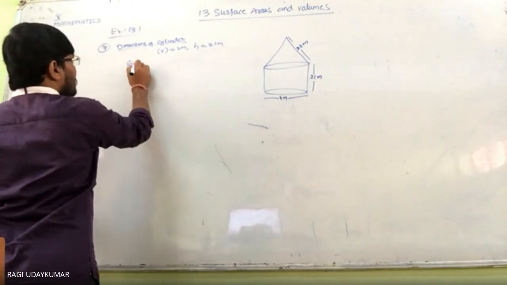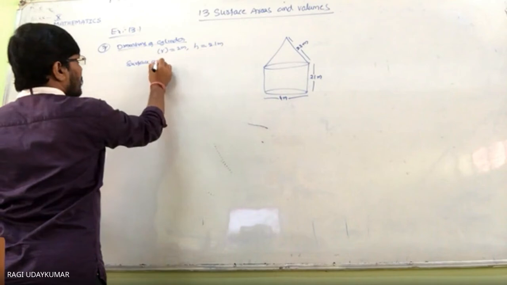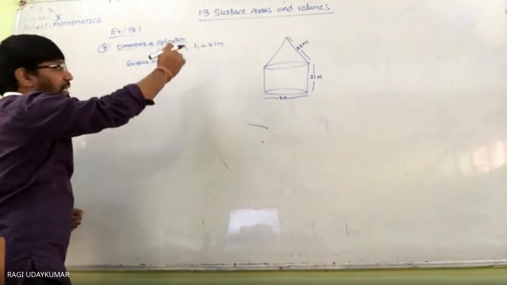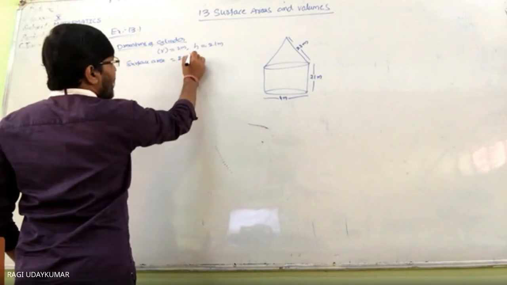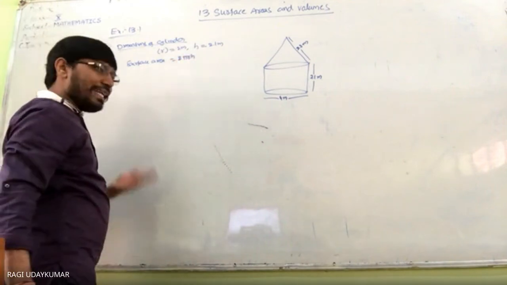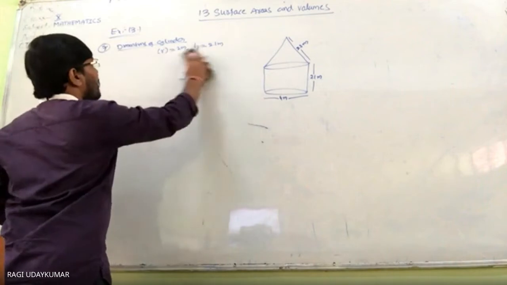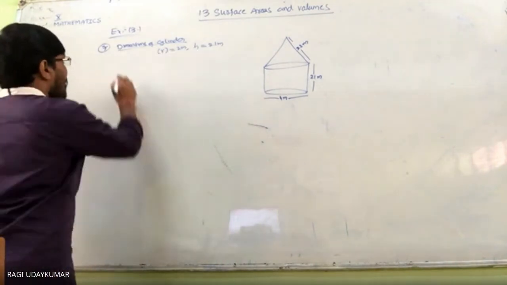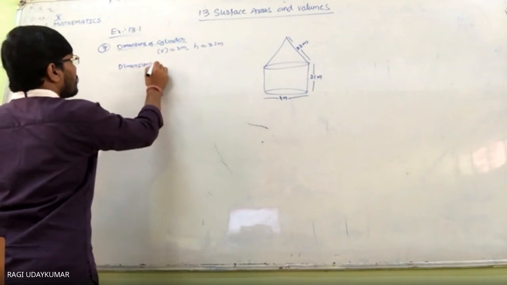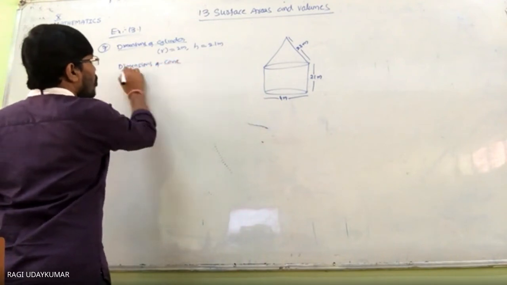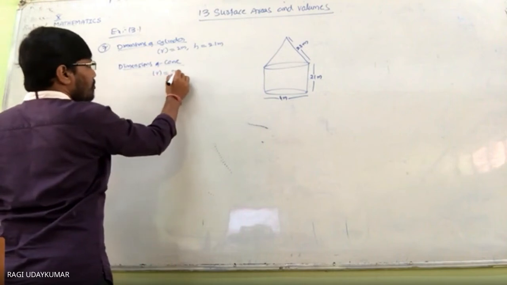Therefore, surface area. We are talking about the cylinder. Surface area of the cylinder is equals to 2 pi r h. Let us write together. Dimensions of cone. And cone का radius क्या है? वो भी 2 meters है.